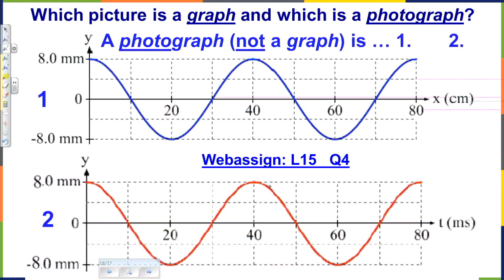And why? That's exactly right. A photograph is a snapshot. For confirmation of what I said. It's a snapshot. So a snapshot shows something happening in space at a given instant.